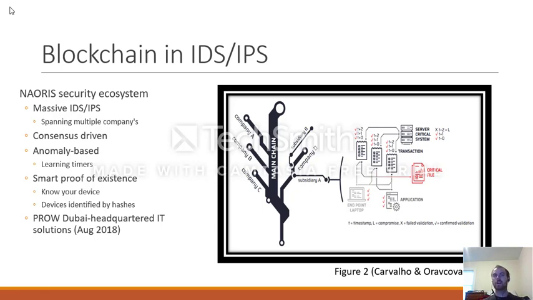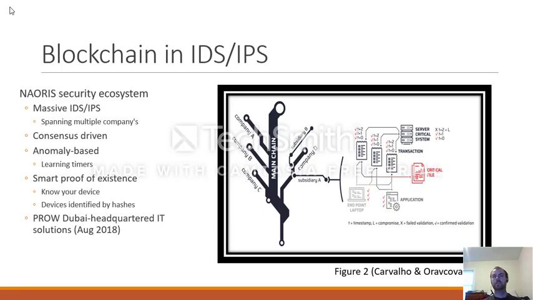To address a lot of those issues that come with anomaly-based, like manipulation of the baseline, each new machine that would be put onto the chain would have to go through a learning timer where it can only use known good software and only be used for known good applications.